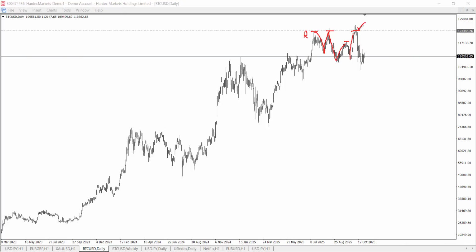Now, this breach over here was most likely to take out stop losses and then also to fool traders. When I say fool traders, to make people think, oh, it's a break. I'm going to buy the break over here. And then buying the break here without proper confirmation, the market went down and a lot of people suffered, a lot of people cried. Well, a lot of people lost a lot of money. Let me put it that way.